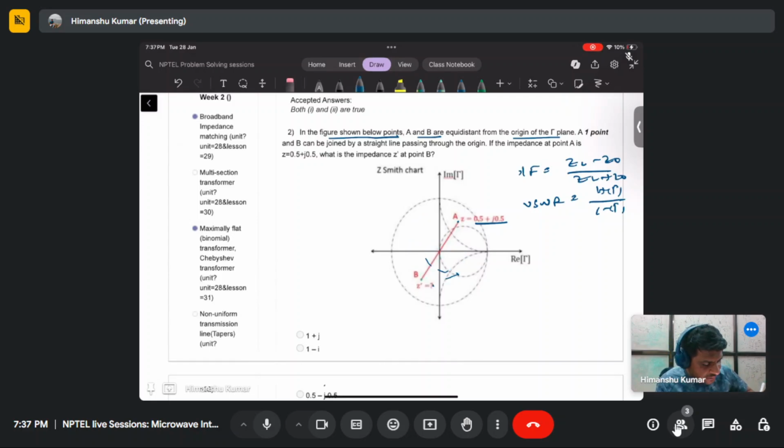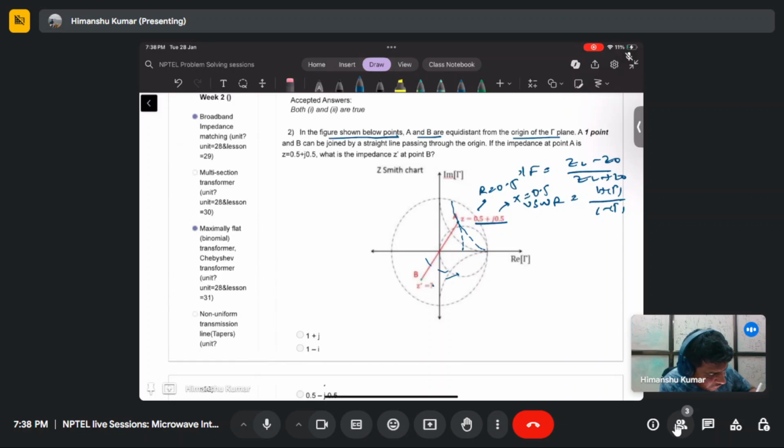So you can calculate where it cuts the reactance circle and the resistance circle. This point is r equals 0.5 and the reactance is 0.5. When you take the mirror image, that converts to the admittance circle.